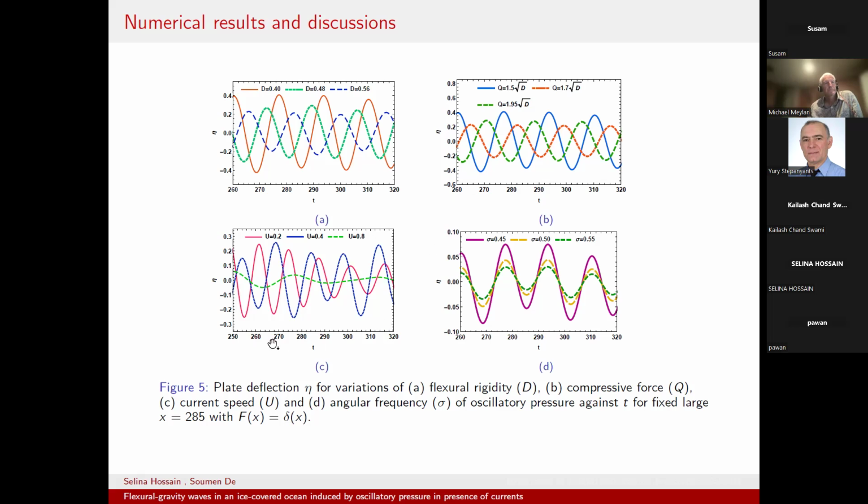Figure 5c shows that the amplitude of plate deflection decreases with increasing values of u over time t. Also, the undulating nature of the wave diminishes at higher current speed. Figure 5d shows that the wave amplitude decreases as the angular frequency of the applied pressure increases over time t.